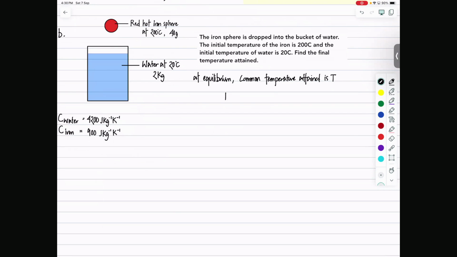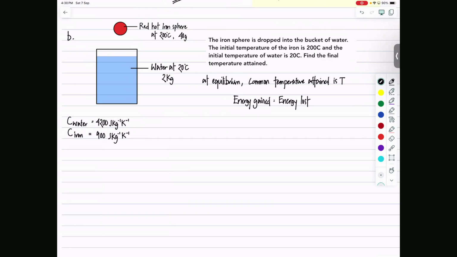You find that the energy gained is equal to the energy lost. Energy gained here is by the water.